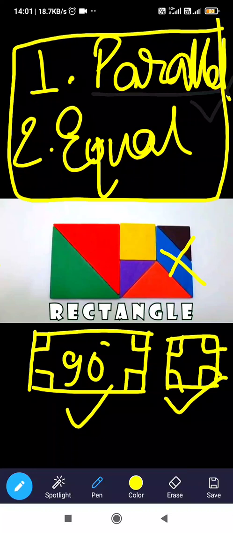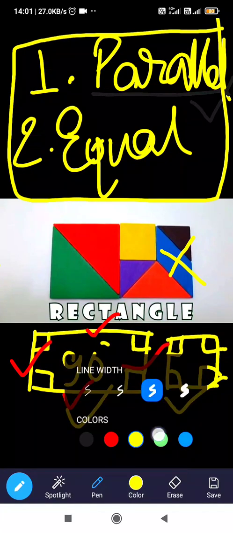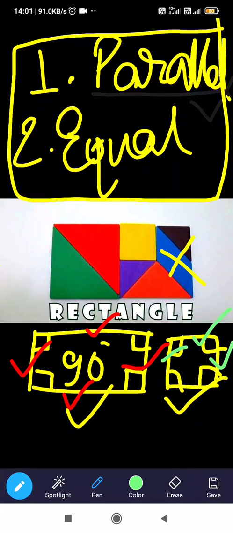We have studied in the previous chapter that the opposite sides of a rectangle are parallel to each other, and also about the square we have learned that the opposite sides of a square are also parallel to each other. So every figure having 4 sides, if its opposite sides are parallel, then it is said to be a parallelogram.